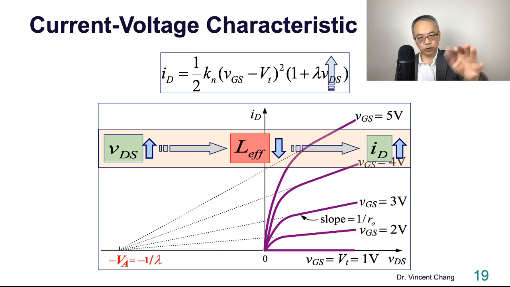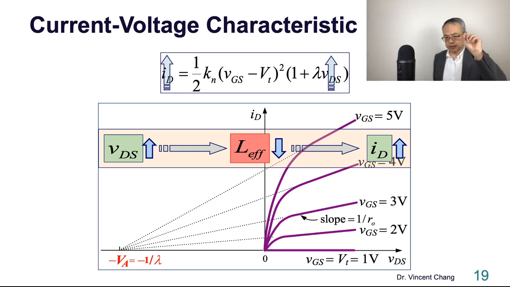Before that, we didn't have the second term, right? I didn't show you the second term. So in reality, when the CLM, the channel length modulation, is considered, it describes that in saturation region, when VDS goes up, ID goes up.